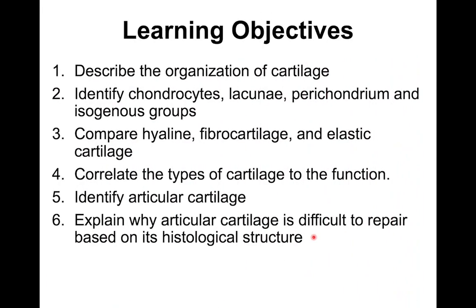So when we come to today's lab session, the learning objectives are, by the end of this lab session, you will be able to describe the three types of cartilage, the hyaline, fibro, and elastic cartilage, and we'll see their structural difference and their function.